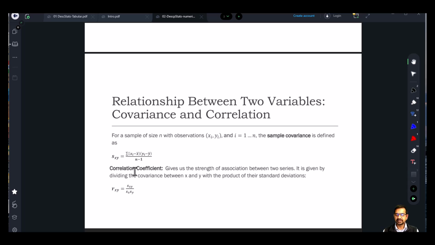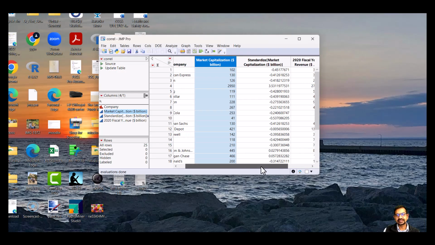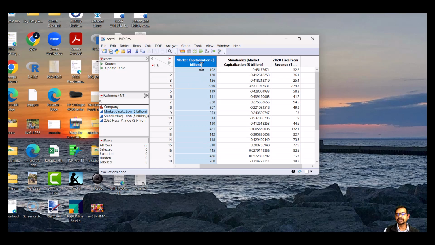So let's now empirically obtain these two measures. Let's study the association between market cap and revenue for these companies that we have data for. Now, there are a couple of ways in JMP to obtain variance-covariance, but we'll look at a more general method.